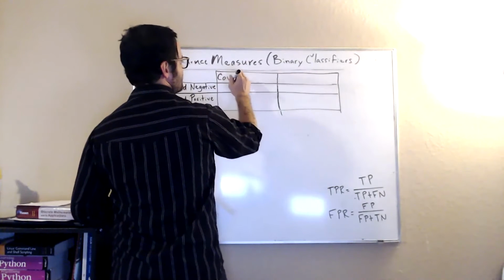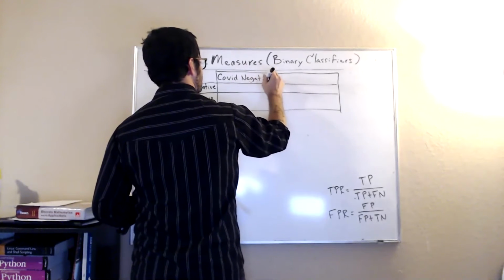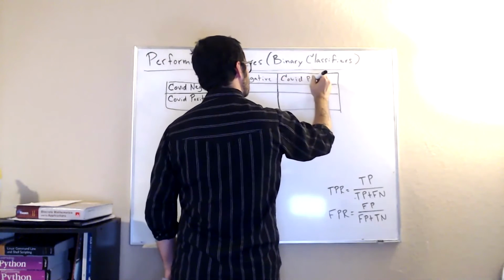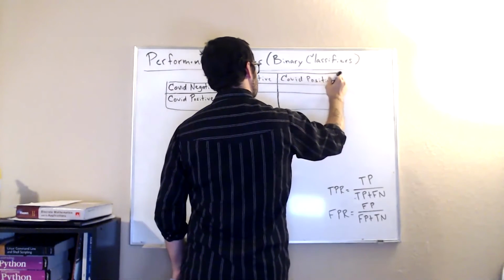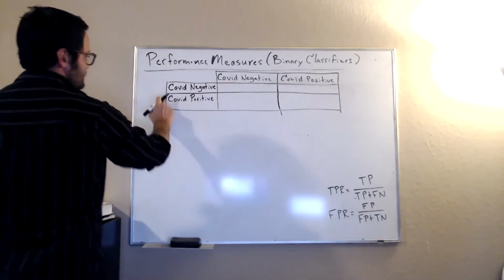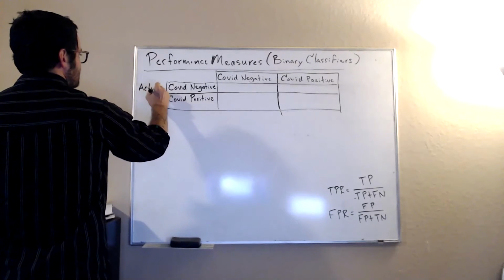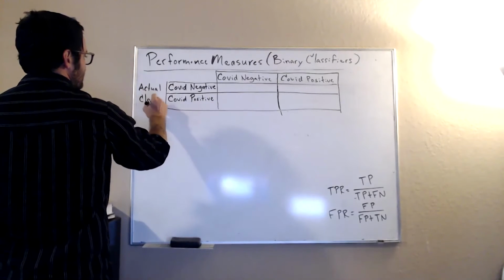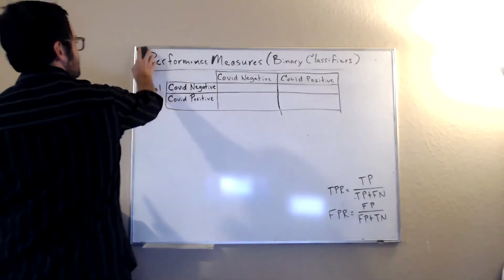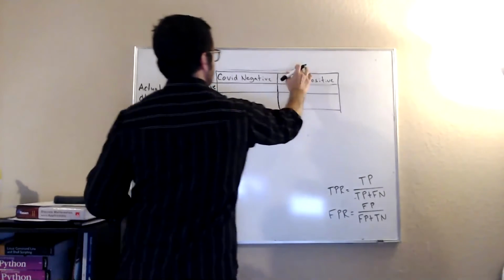This is a little bit better. COVID positive here. And here, along the rows, as you recall from last time, we have the actual class of the data in question. And then along the columns, we have the predicted class.